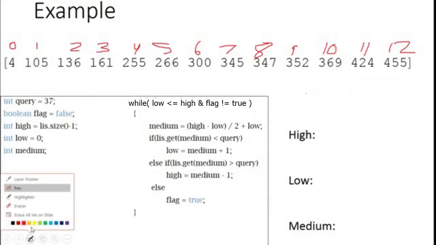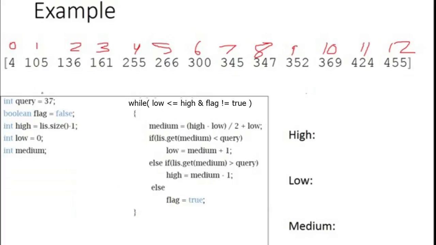Alright, so let's actually do this thing. So our query based on this code is 37. And our flag is still false. We haven't found that number yet. So we're just going to leave it like that. Alright, high is equal to the size of the list minus 1.